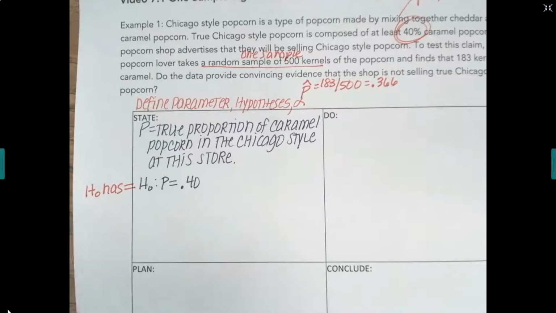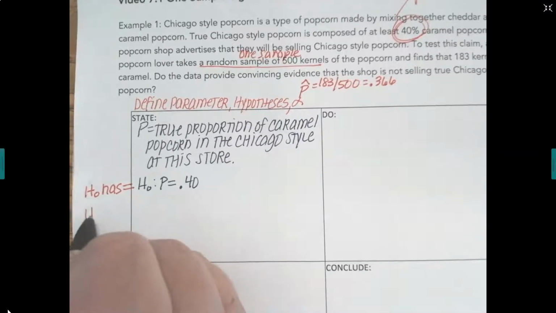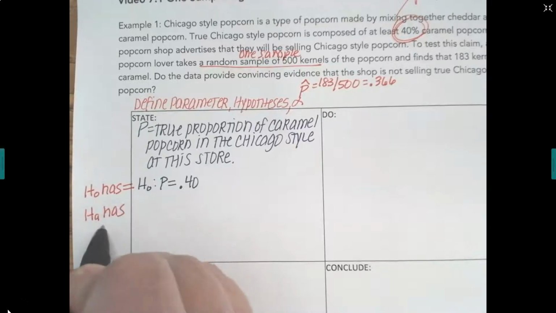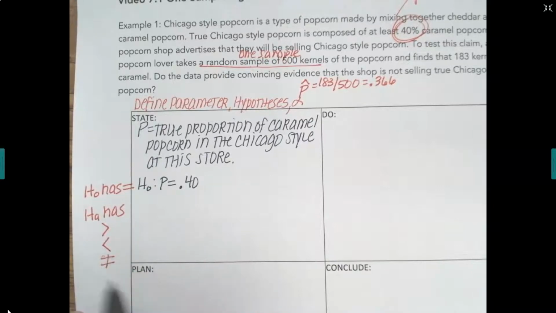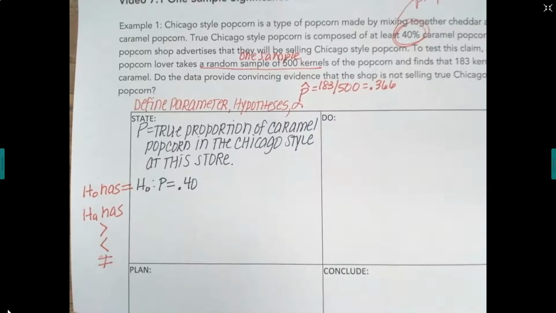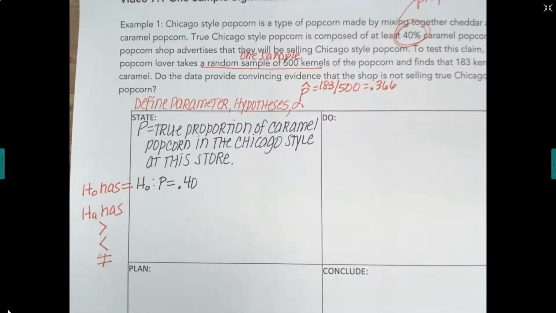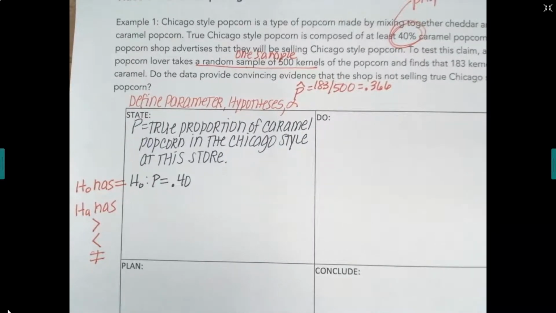Now for our alternative, we have some choices. So for our alternatives, we can have either a greater than, a less than, or a not equal to. So we need to look at our problem and figure out which one. So if it has more than 40%, that's fine.